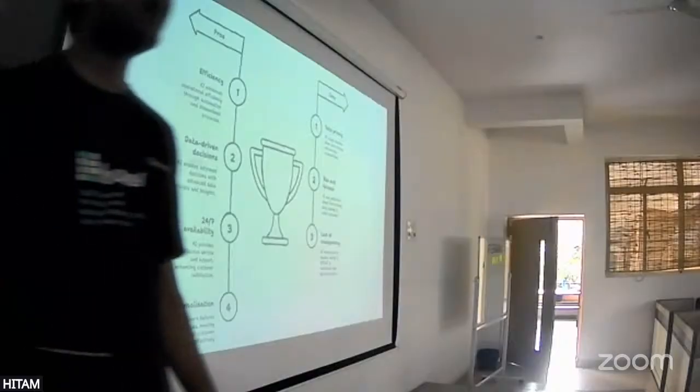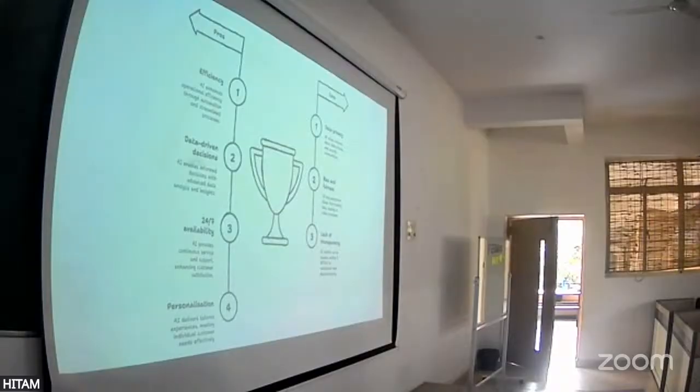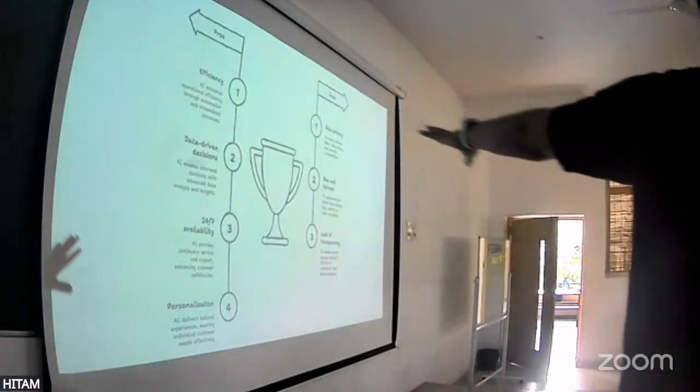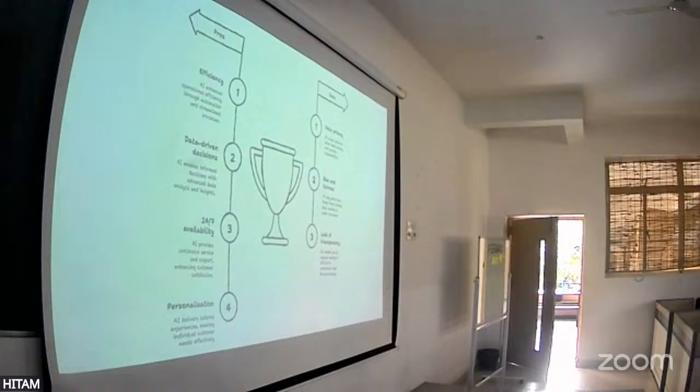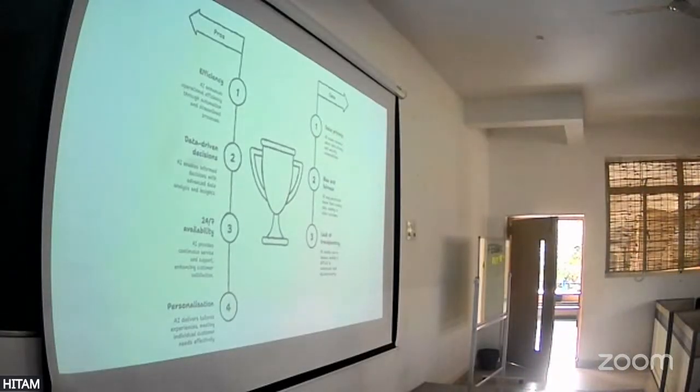When we talk about the pros and cons of AI, every product will have its pros and cons, right? When we talk about the pros, there is efficiency, it is much more effective than others. When we talk about coding, we have seen a lot of products in the market, ChatGPT and many others, doing greater than us, right? With data-driven decisions, all the decisions are made according to data.